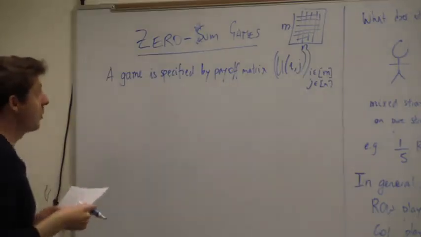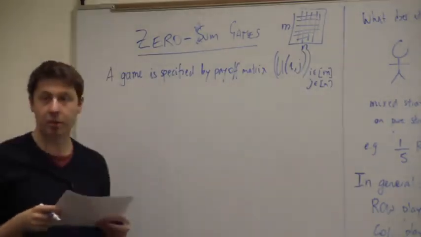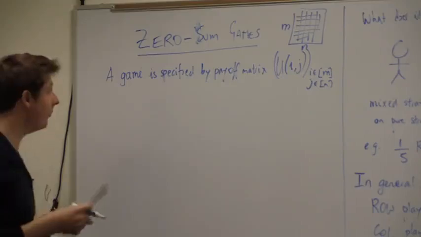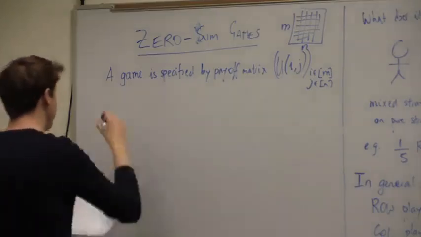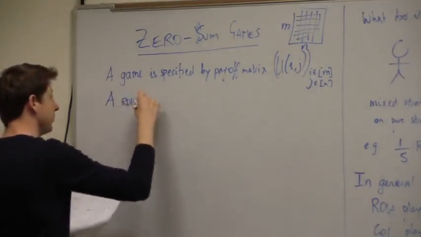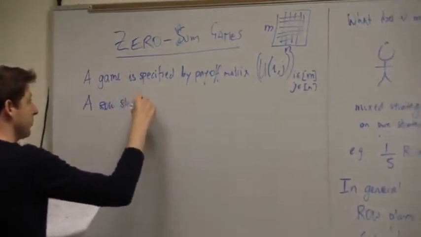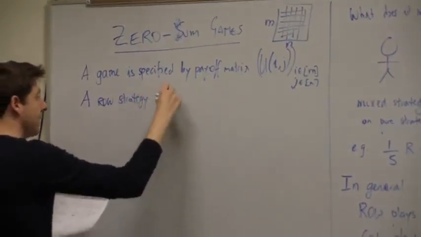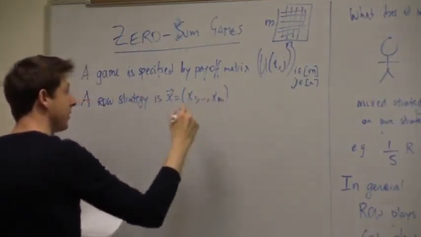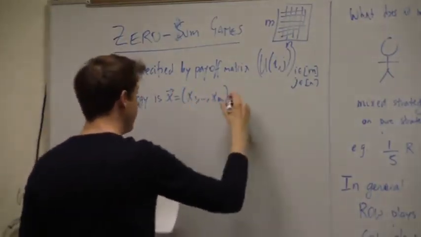And what we want to do is find the solution, x star and y star, for this game. So a row strategy is a vector x, x1 through xm, right? That is a probability distribution.